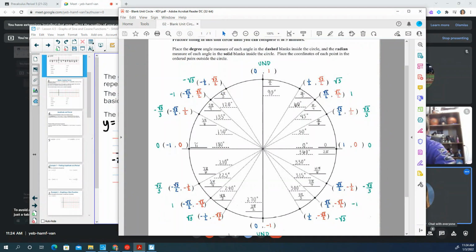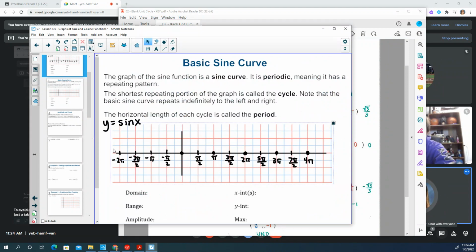Always has a value of 0. So it's going to have an x-intercept, or a value of 0, at every multiple of pi, no matter if I'm going in the positive direction or in the negative direction. It's always going to have x-intercepts at those multiples of pi until we do some transformations, but the basic sine curve does.